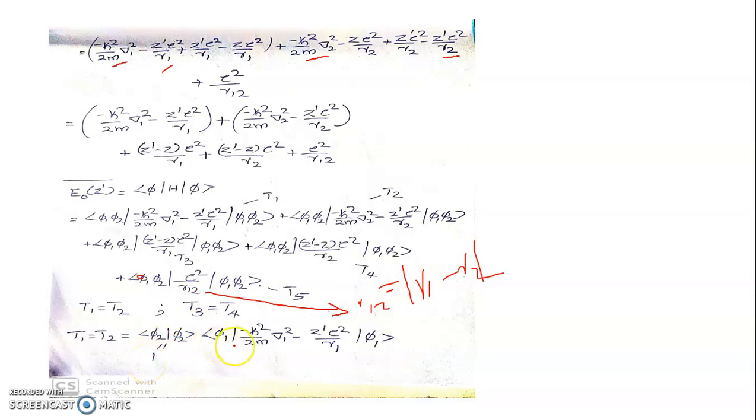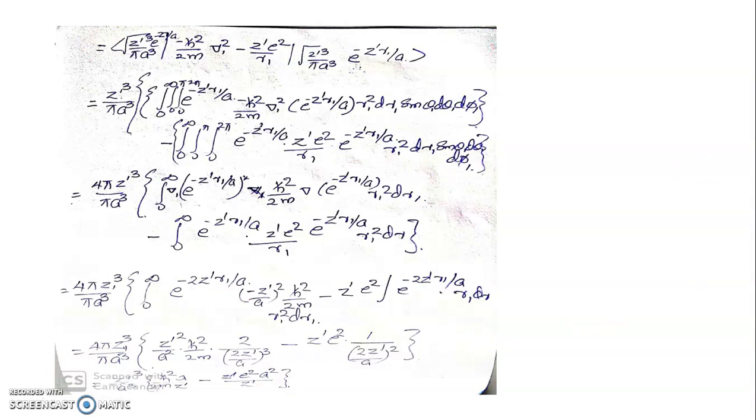What remains is the scalar product phi1, minus h bar square by 2m del 1 square minus z prime e square divided by r1, phi1. This is to be evaluated. For that we will be substituting phi1 as square root z prime cube by pi a cube e power minus z prime r1 divided by a.